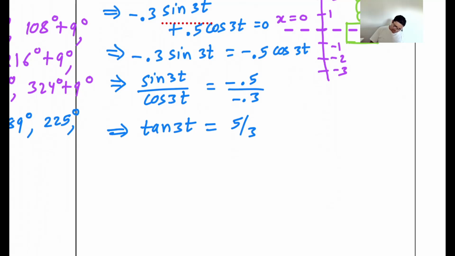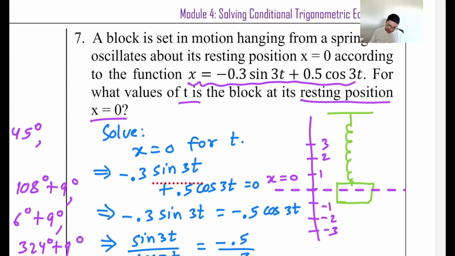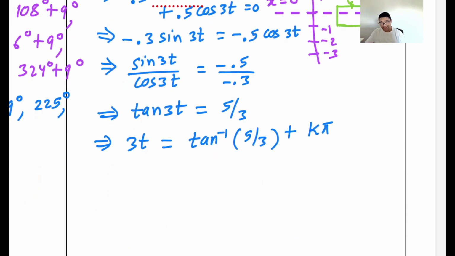Which means 3t is tan inverse 5 over 3 plus k pi. General solution, right? The question was for what times, what values of t, and we have to write all possible solutions. So we add plus k pi.